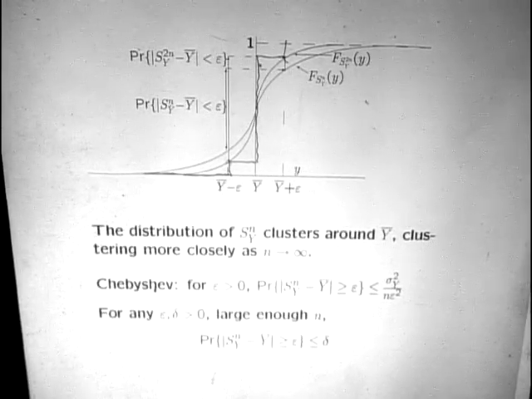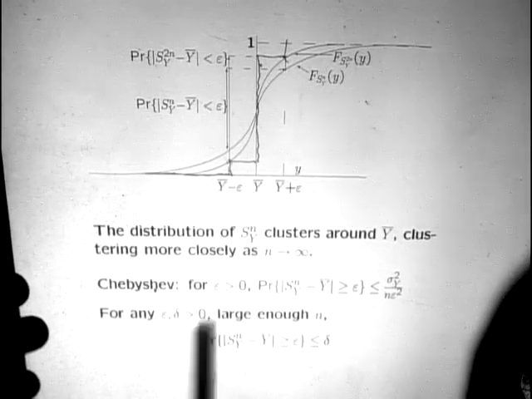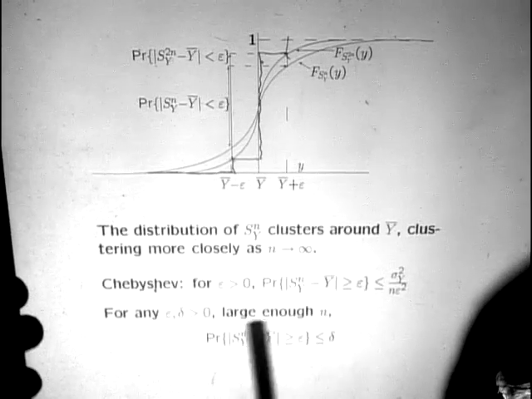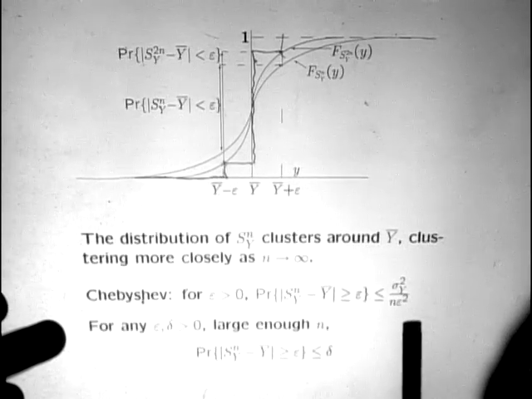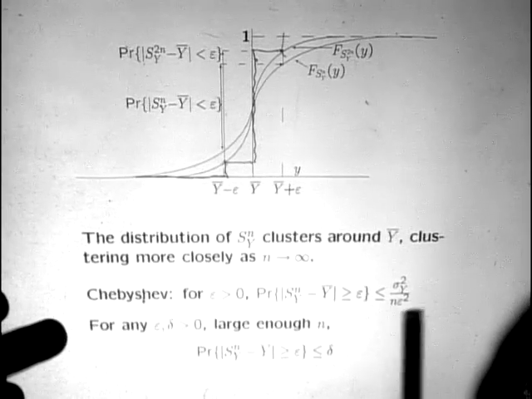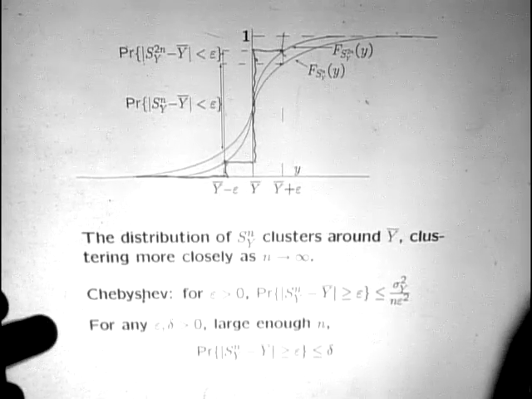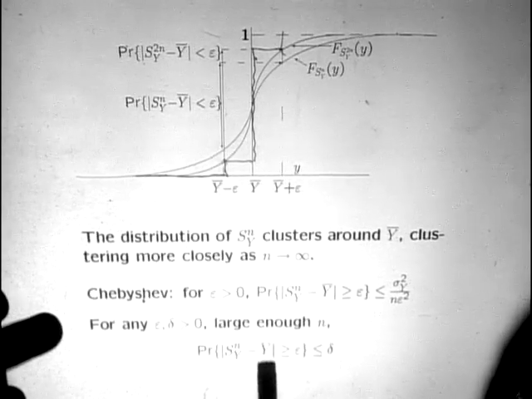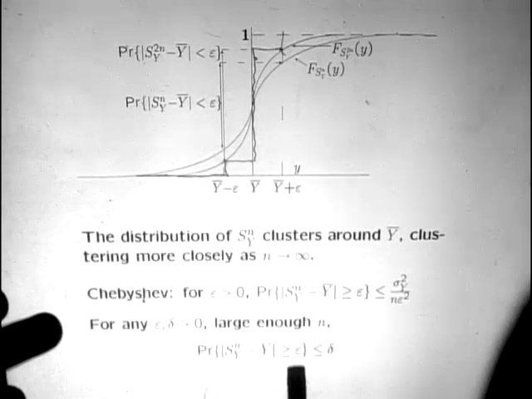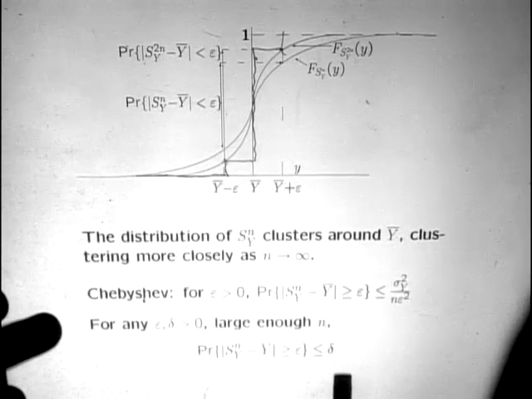Okay, so this says, when we carry it one piece further, for any epsilon and delta greater than 0, if we make n large enough, in other words, substitute delta for this, then when you make n large enough, this quantity is smaller than delta. And that says that the probability that the sample average and y differ by more than epsilon is less than or equal to delta when we make n big enough.